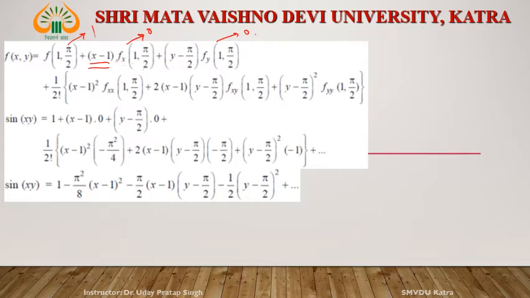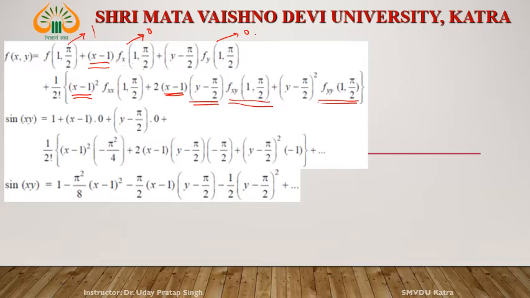Okay, 1 by factorial 2, h square means x minus 1 square, dou 2f by dou x2 at 1, pi by 2, right? 2 h and k, what is h? X minus 1. What is k? Y minus pi by 2, dou 2f dou x dou y in this one, right? Y minus pi by 2 square, dou 2f dou y2, at 1 and pi by 2.